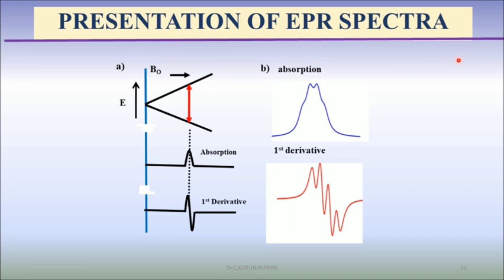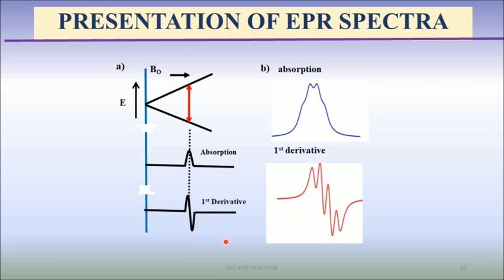How are the EPR spectra presented? Because of the transition between the two electron spin states, there will be an absorption signal. The absorption signal, as you see, is not well resolved. There are so many peaks, it is buried.